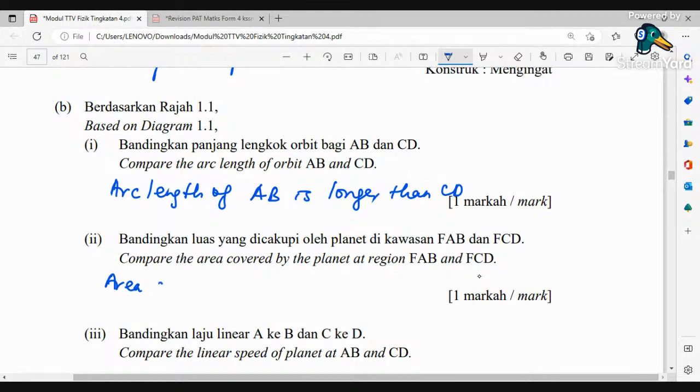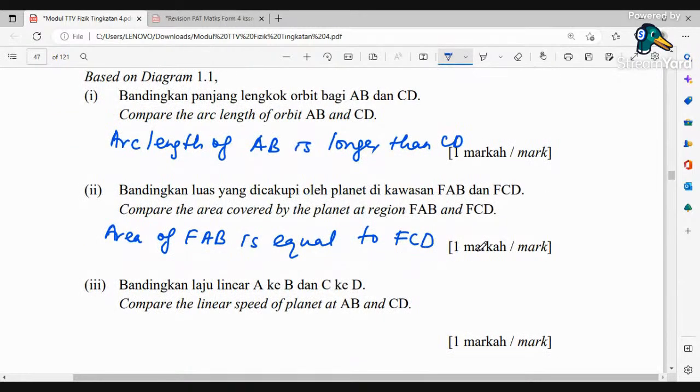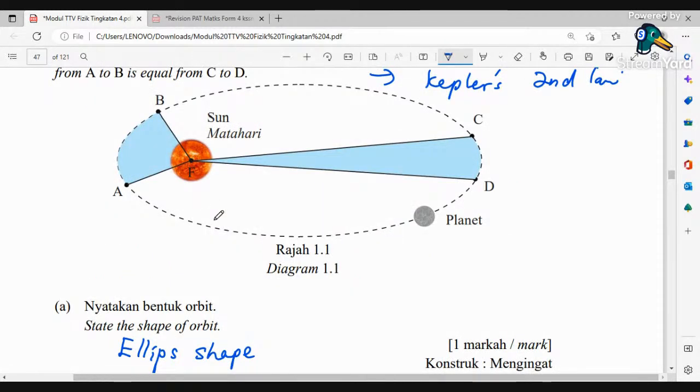Area of FAB equal to FCD. Compare linear speed of AB and CD. Linear speed of AB is higher. Because AB you can see clear, close to the sun. Close to the sun, the speed is higher.